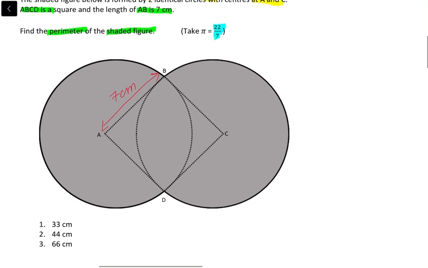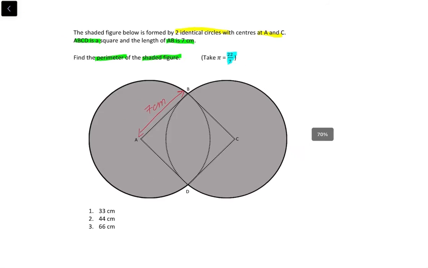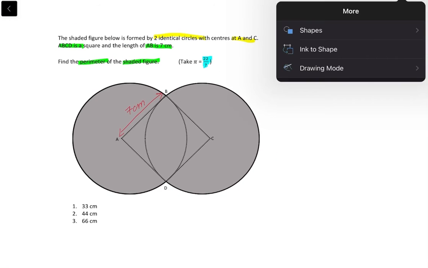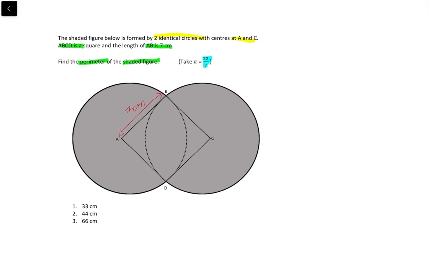Okay, it is given that ABCD is a square. Now if I draw a square out, and if I divide this square into two equal halves, into two equal triangles, we get two isosceles triangles.